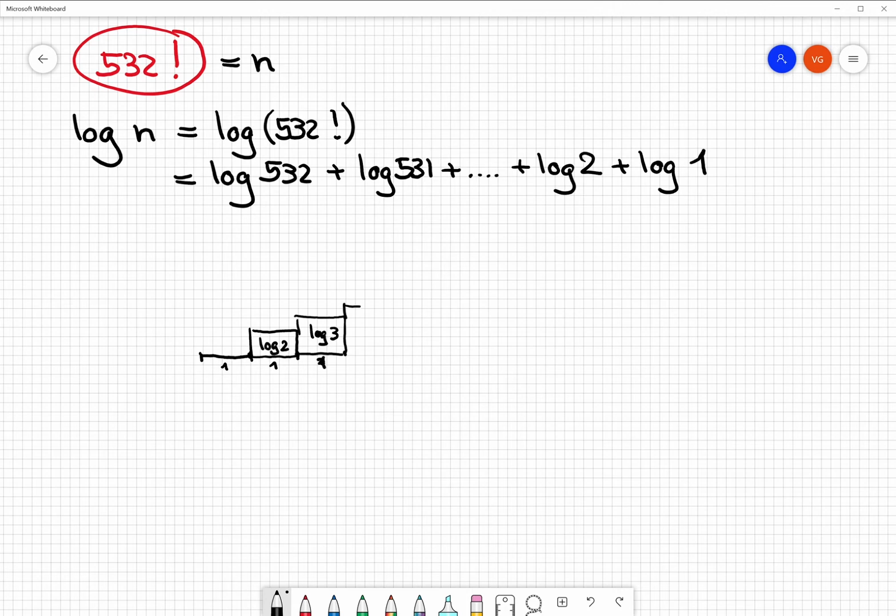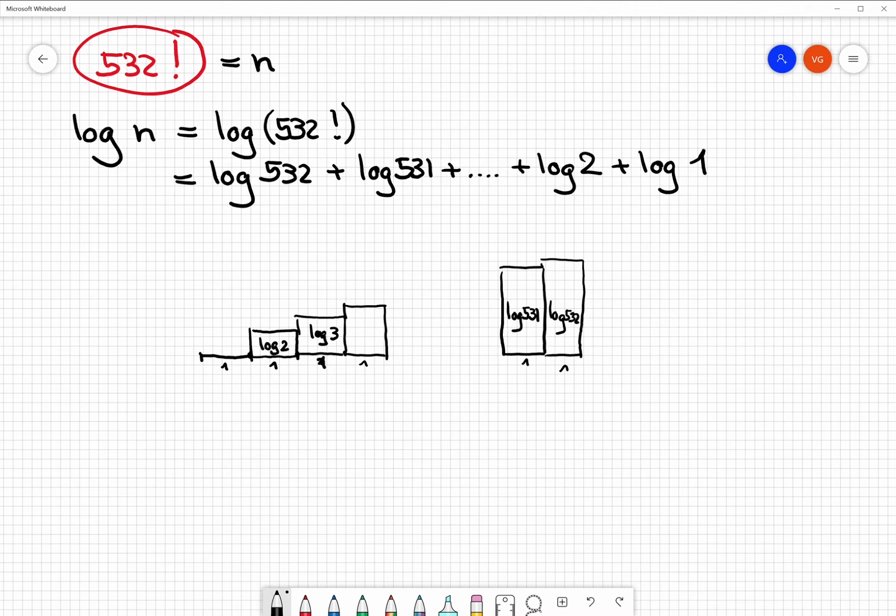And we can keep visualizing these numbers as area. Why? Just because I want to. Okay, there is no particular reason at the moment. And here we have logarithm of 531, again with width 1, and then logarithm of 532.